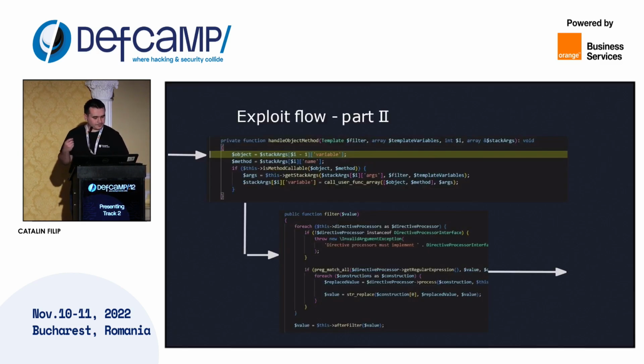Okay. After that, if an object is found on a Magento app, it's created and further is sent to a handler which practically tries to resolve all the methods of that object.